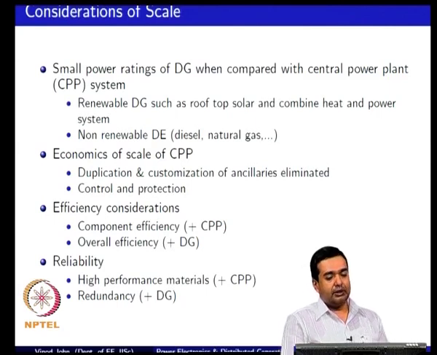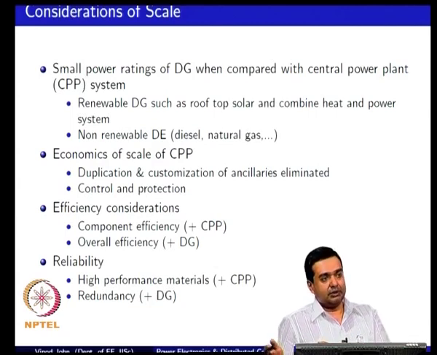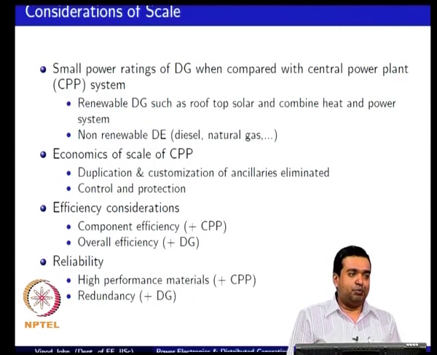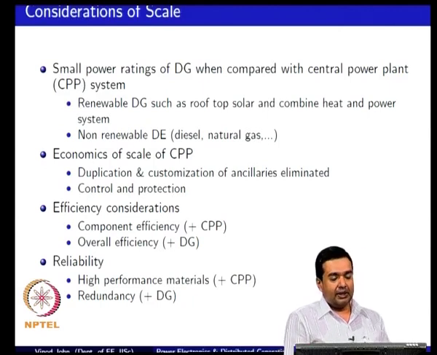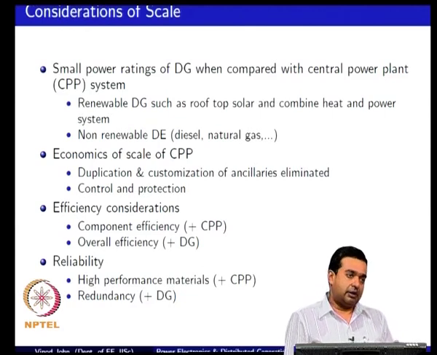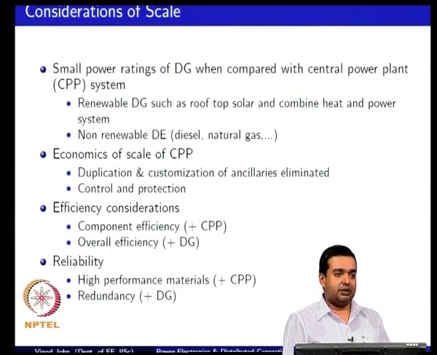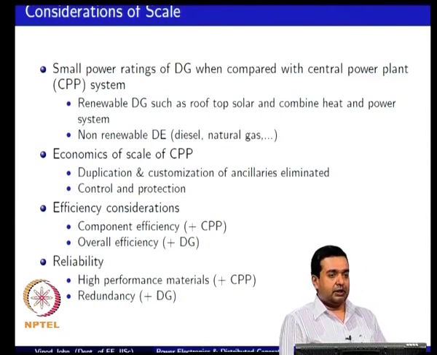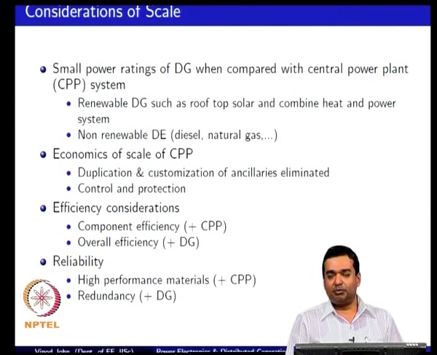So, again, if you look at the economies of scale issue, for each distributed generation system, you need to duplicate control and protection, and so you have some impact there, but it is becoming less important nowadays as you have sophisticated digital controllers which can handle not just the control of the DG unit, but also many aspects of the protection can be integrated into a single processor.